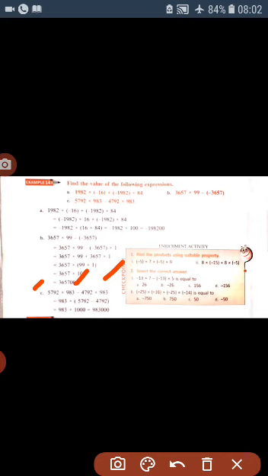So take 983 into the first number 5,792 minus 4,792. So 5,000 minus 4,000 is 1,000. So 983 into 1,000, the value is 9,83,000. So now understand the sum.